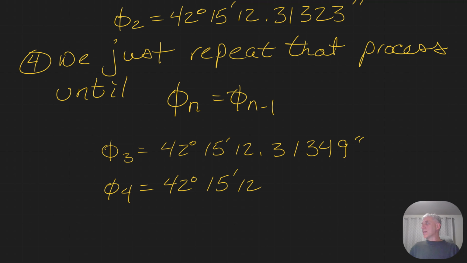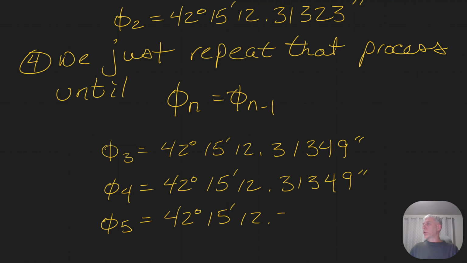And notice that the amount that it changes is less and less each time. So 31349 seconds, and that we have a repeating value. So we could stop there, but just for kicks, we would go ahead and calculate a phi 5 to make sure it stays the same. We didn't make any mistakes. Minutes, 12 seconds, point, and it does stay the same through those calculations.